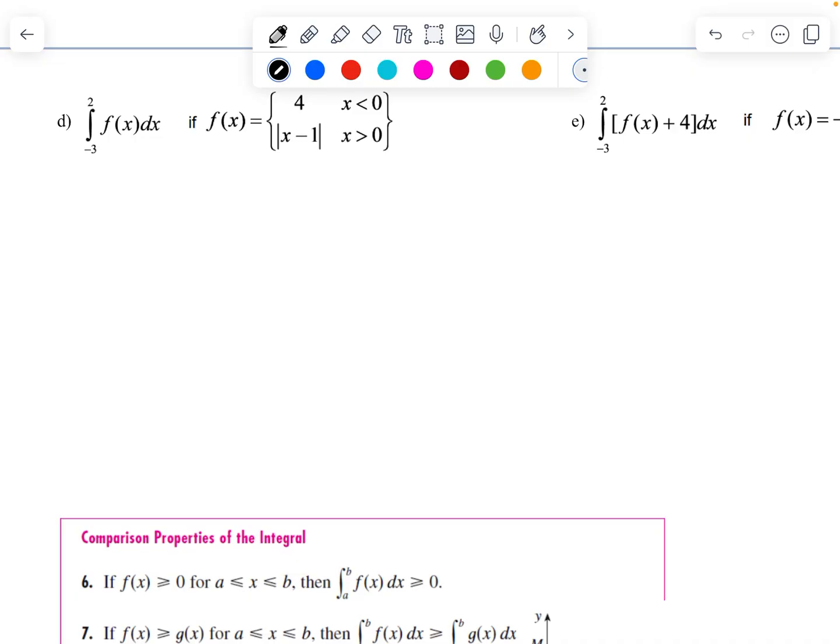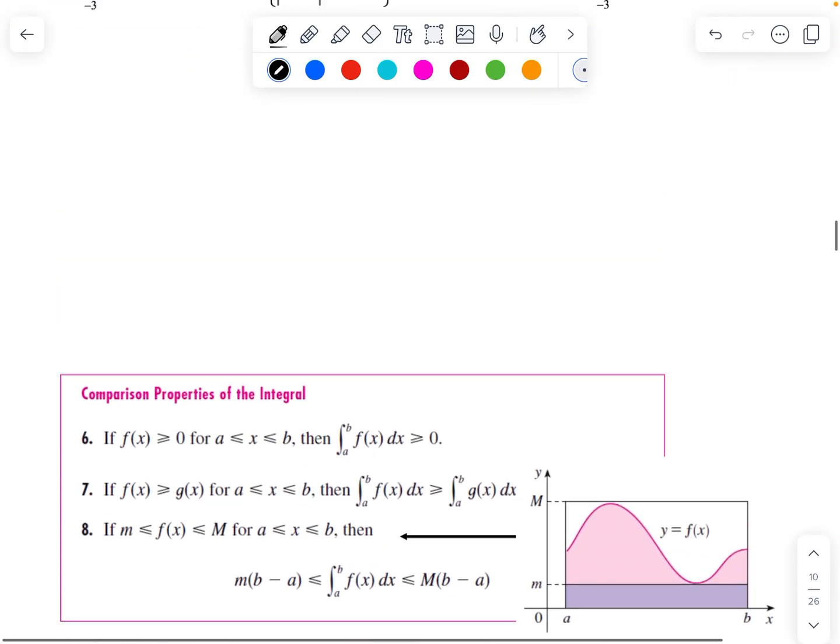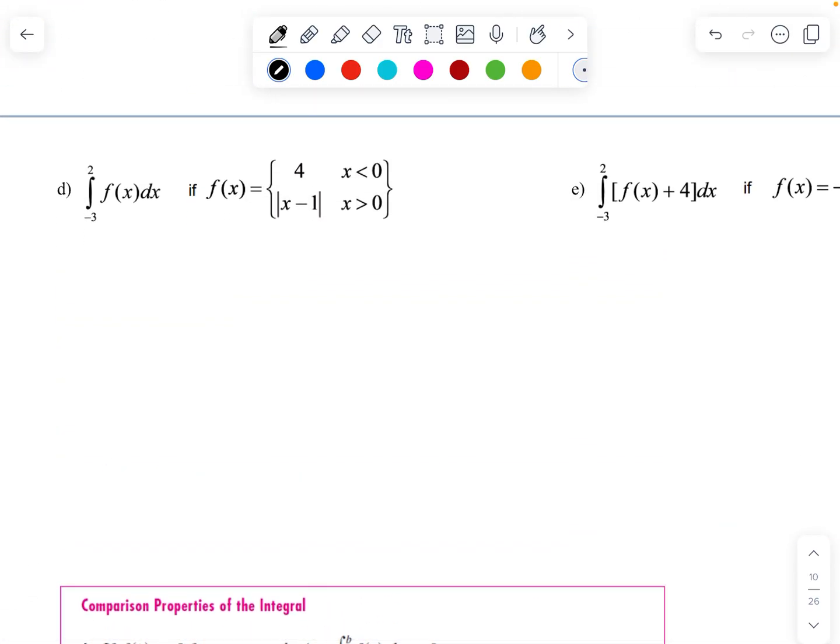Okay, next one, here we have a piecewise function. So, did I skip one? Nope. Okay. So this one, you break it up into 2 parts.